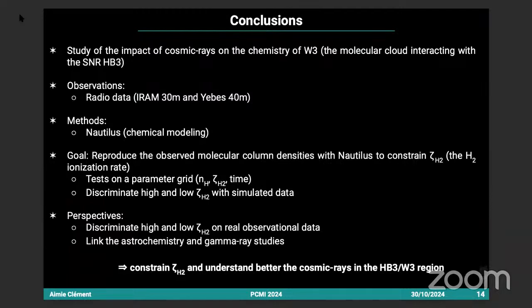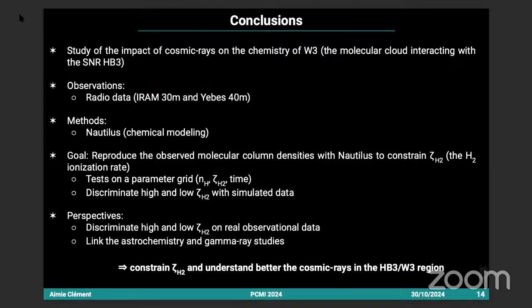And that's already the conclusion. To conclude, I did a study of the impact of cosmic rays on the chemistry of the molecular cloud using radio data and chemical modeling with Nautilus. What we want to do is to reproduce the observed molecular column densities with Nautilus to constrain the ionization rate.